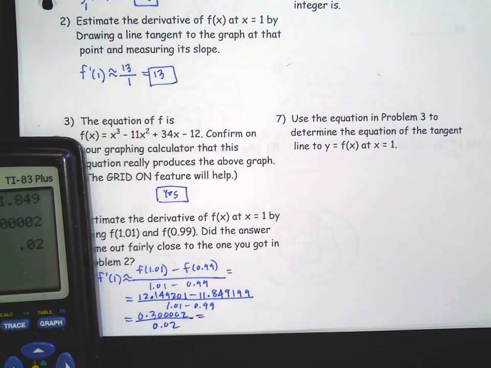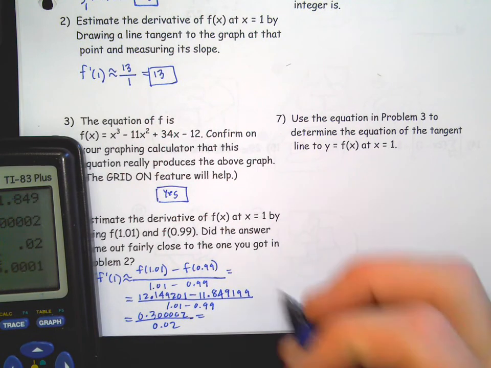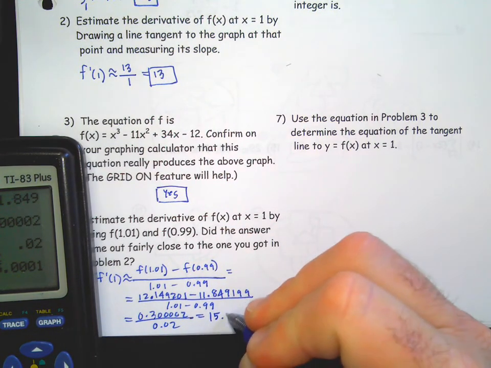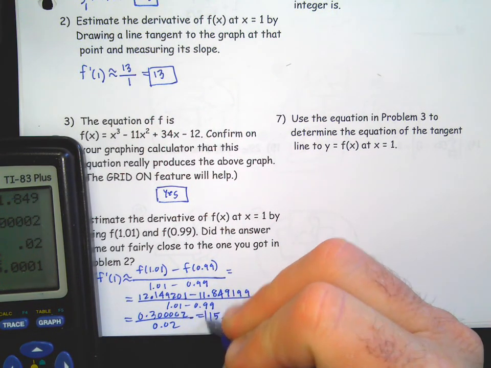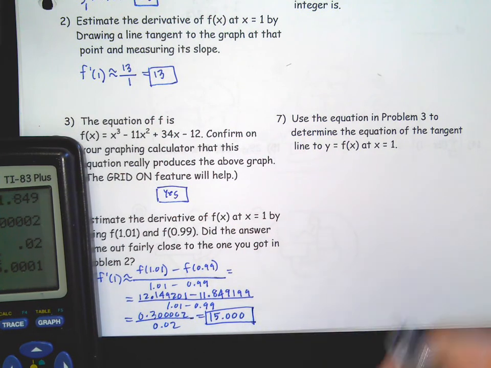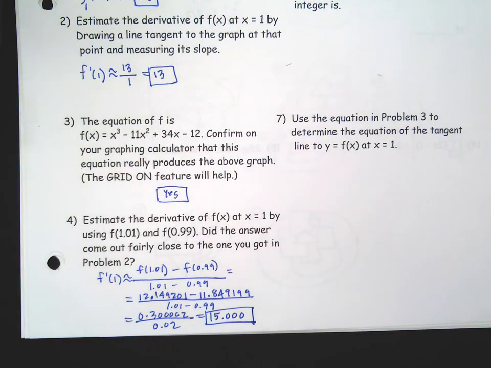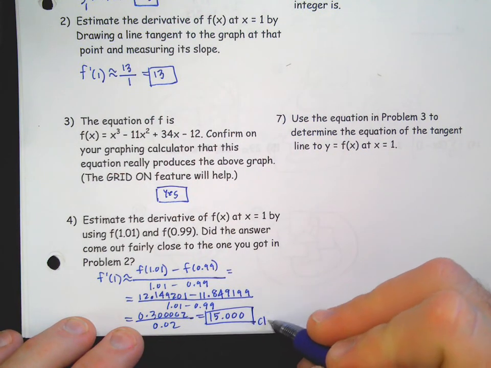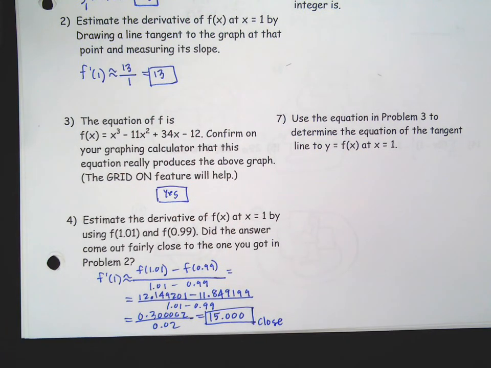So 0.300002 divided by 0.02 is 15.000. 3 decimal accuracy, rounded or truncated, comes out to 15. So yeah, it seems close to my answer on problem number 2. I got 13. So 15 seems pretty close.